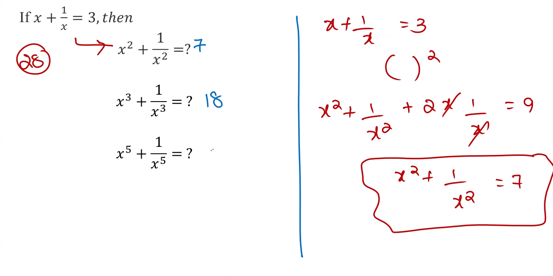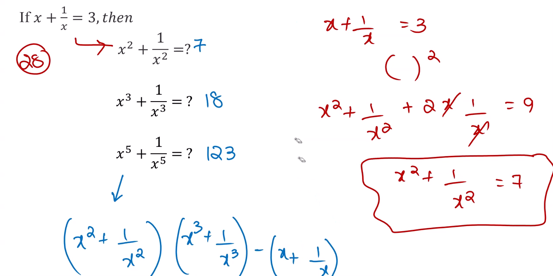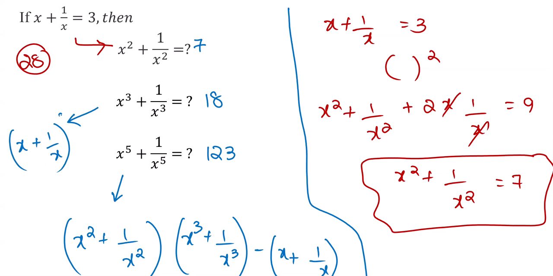So you observe what can be done. This is simple. Now what you can do is, for x square plus 1 upon x square, as a shortcut, if you want x cube plus 1 upon x cube, do the whole cube of x plus 1 by x minus 3 times of x plus 1 by x.